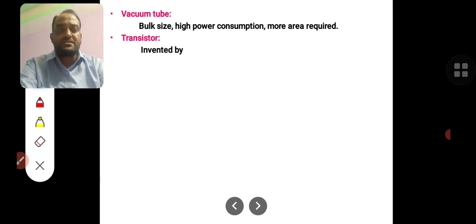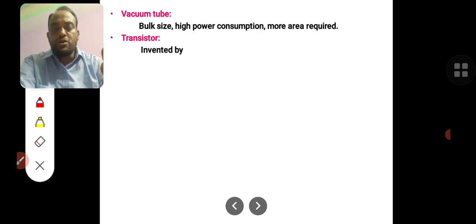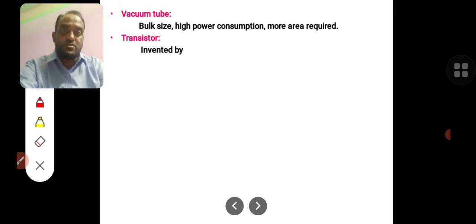The reason is these vacuum tubes need to get heated up. They have filaments and cathodes. These filaments have to get adequate heat to liberate electrons from the cathodes. Now, the liberated electrons from the cathodes have to travel to the other electrode to make the device functional.